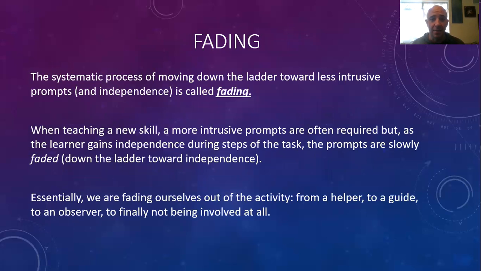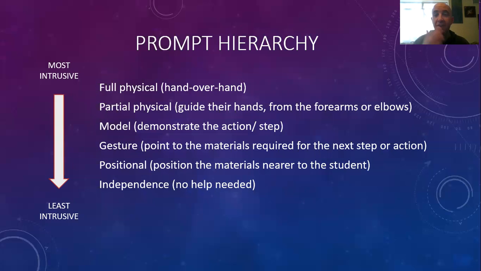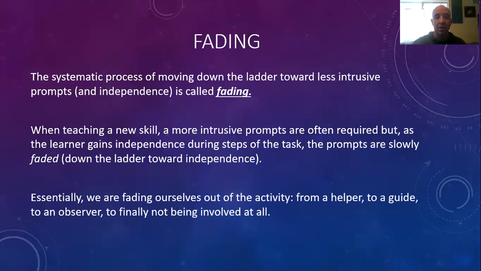And that brings us to fading, which is the systematic process of moving down the ladder toward the less intrusive prompts and independence. That's called fading. When you take your prompts and you start with hand over hand, or maybe sometimes you can just start with a model or a gesture, and you start moving down that ladder, that's called fading. You're fading your prompts.